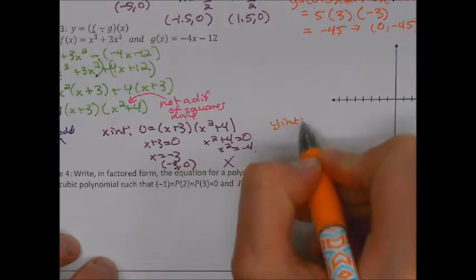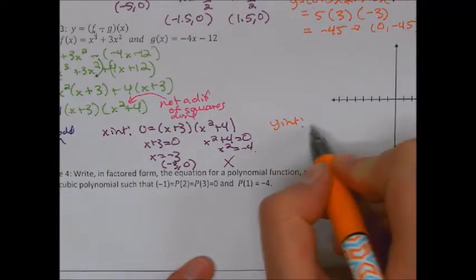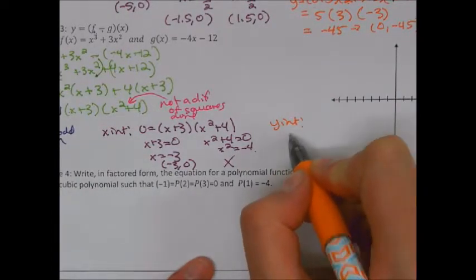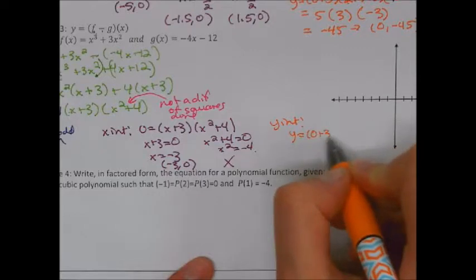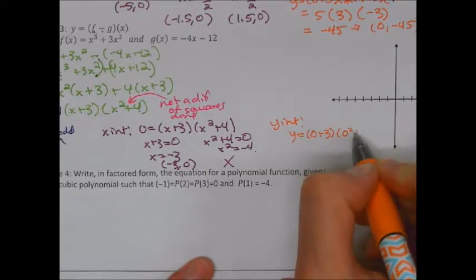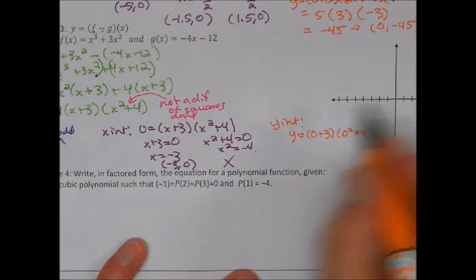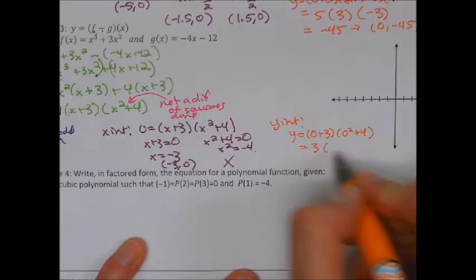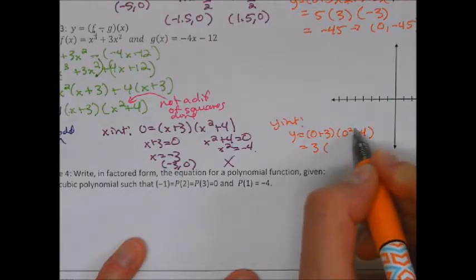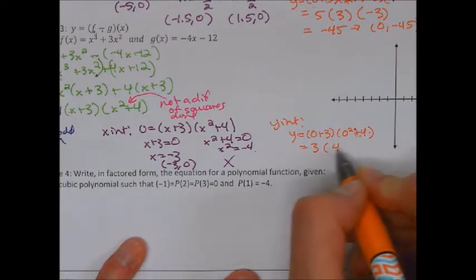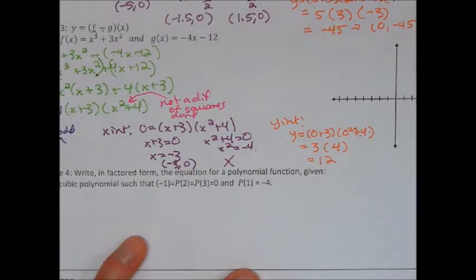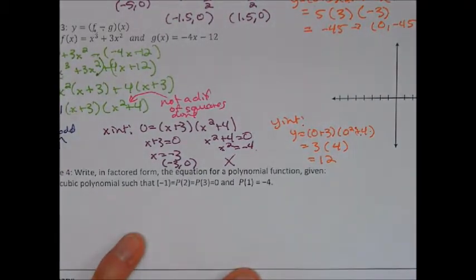For my y-intercept, y equals 0 plus 3 times 0 squared plus 4. So this is 3 times 0 squared, 0, plus 4, that's 4. I get 12. Let's go ahead and graph this.